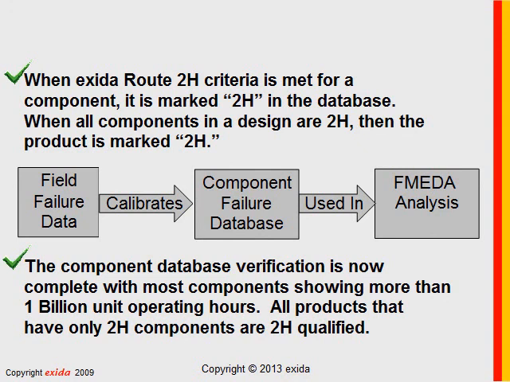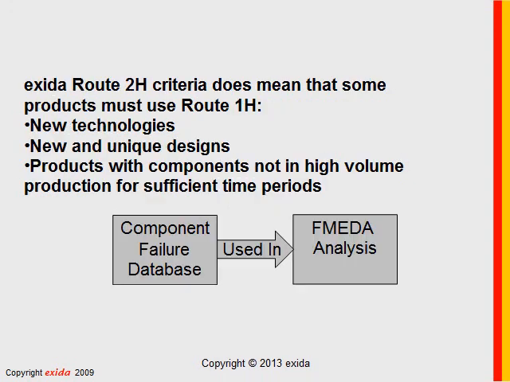We've done 2 years of significant research, and the component database verification is now complete with most components, but not all, showing more than 1 billion unit operating hours. All products that have only 2H components can be 2H qualified in the SERH database.